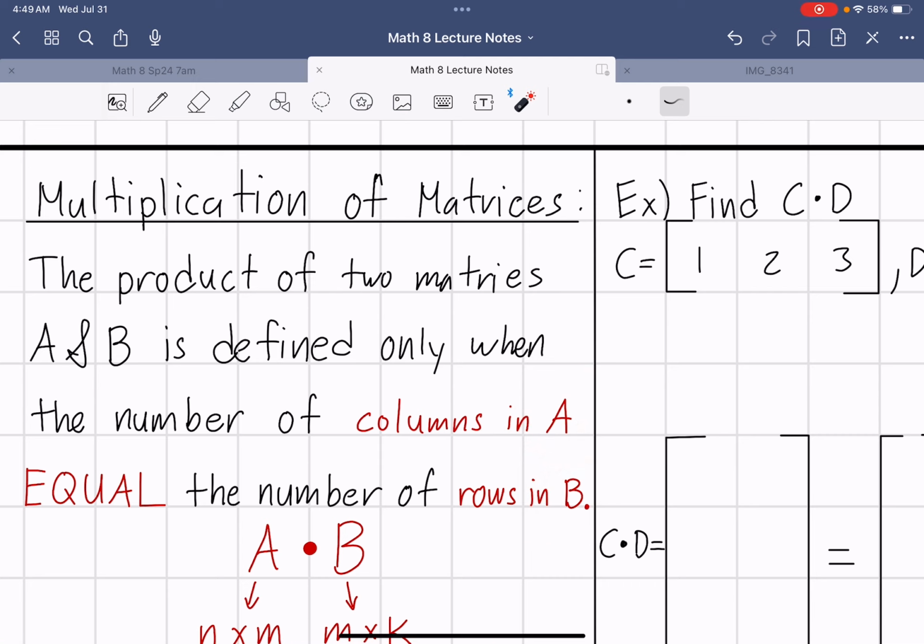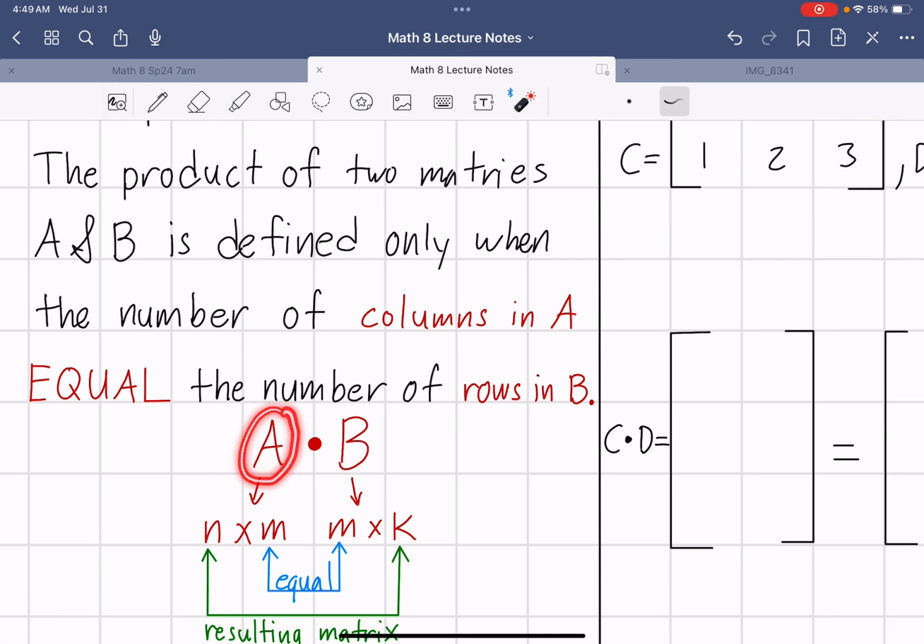So it starts with the first matrix you're multiplying with. The number of columns in this matrix needs to be equal to the number of rows in that second matrix you're multiplying. Now, this is why I said there's some axioms that don't apply with matrices.